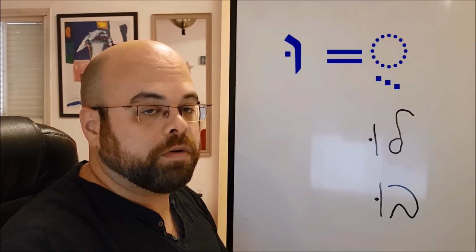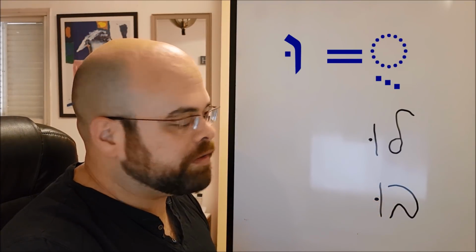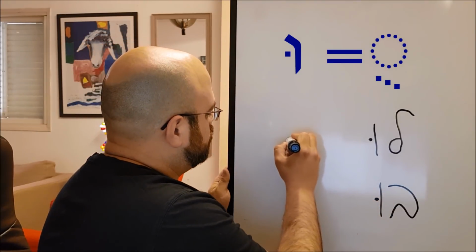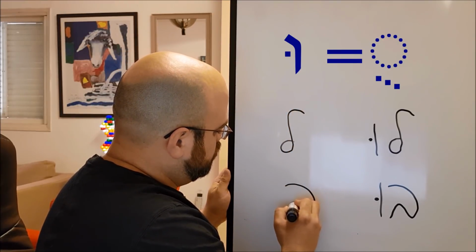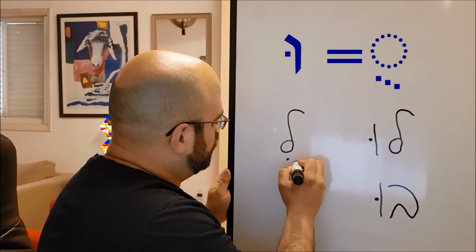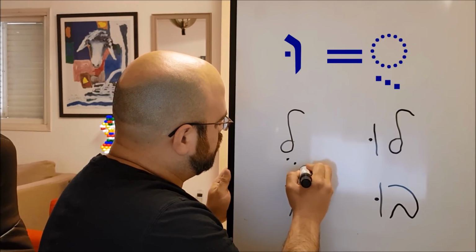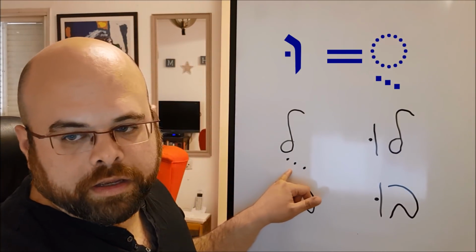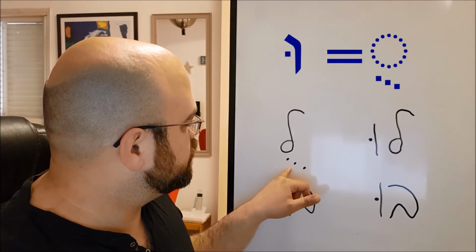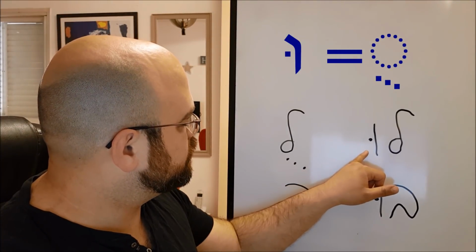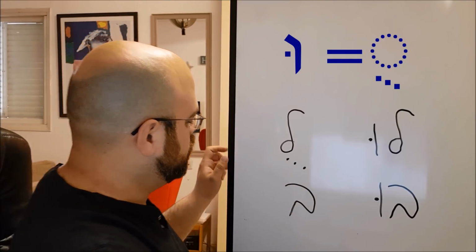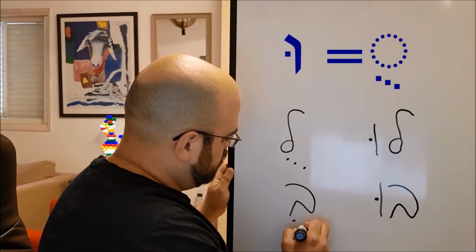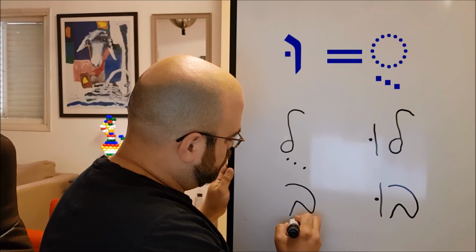Okay? So both of these letters can have the same sound in a different way with the 3 diagonal dots with the Kubutz. Okay? This is called Kubutz. This is called shuruk. So it's Lu here and Vu here.